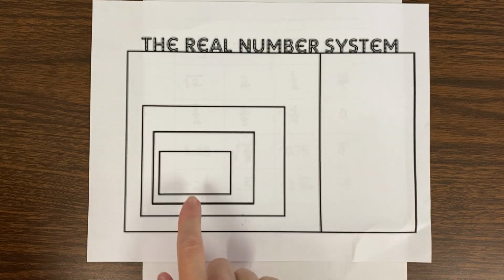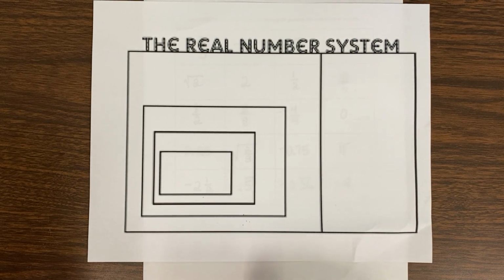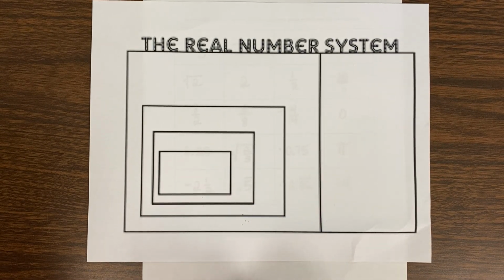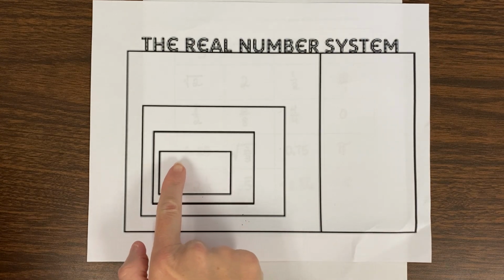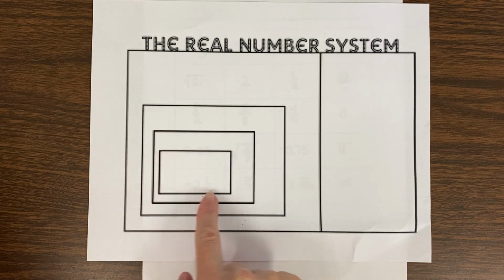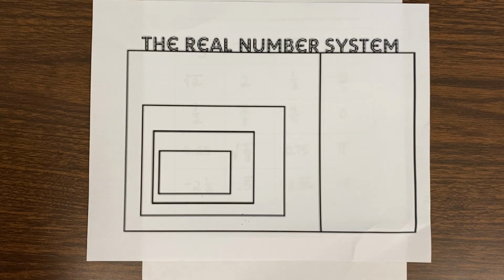It doesn't really have to be a square, as long as these rectangles are within each other like this, because that is a significant part of the graphic organizer. Basically, anything that is part of this group is also part of the groups outside of it. So it is significant. So pause the video now if you need to create that.